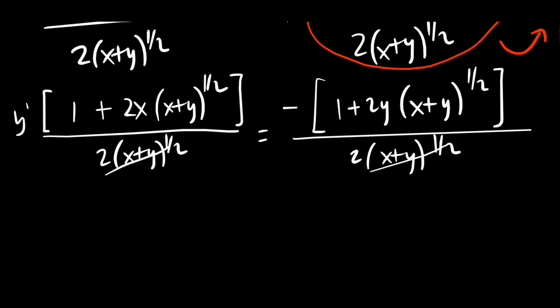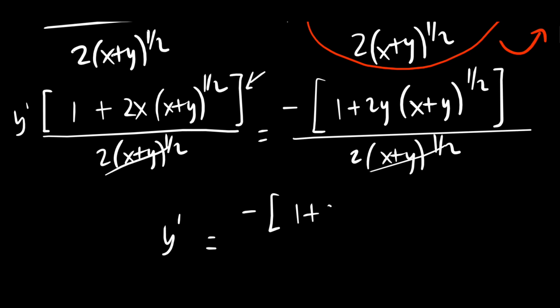So the remaining numerator, we will put by cross multiplication to the denominator.